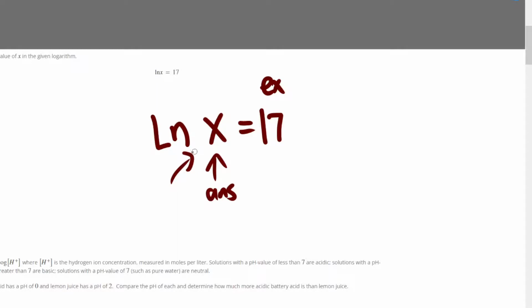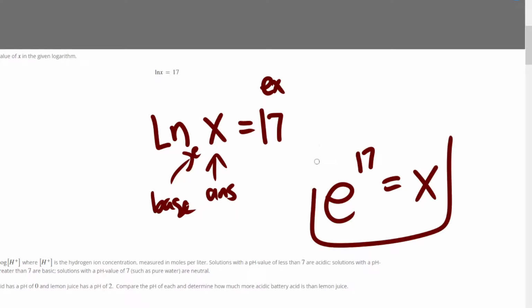All you need to know is that the ln stands for natural log, stands for log base e. So we have ln of x is equal to 17. We know that this is our exponent, this is our answer, and we know that e is our base. And we don't even need to plug this into our calculator. We're allowed to do e to the 17. It is equal to x. And that would be our answer.